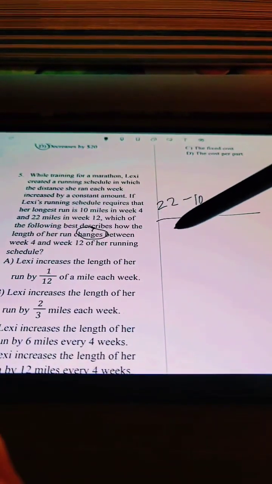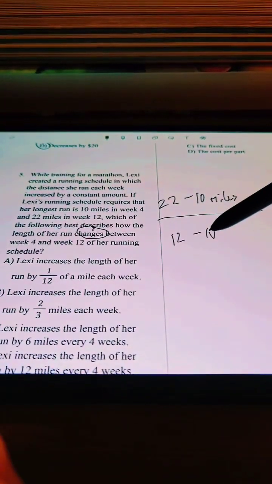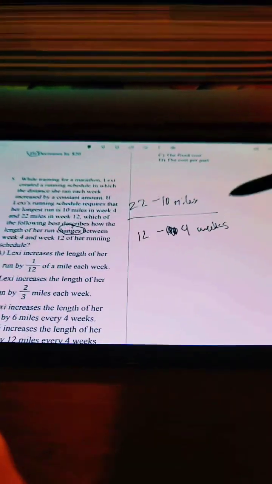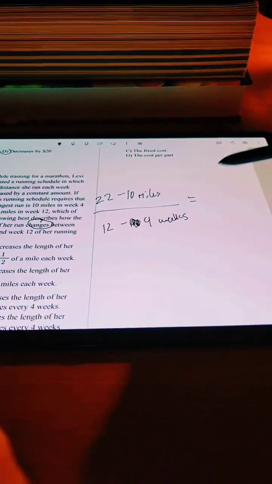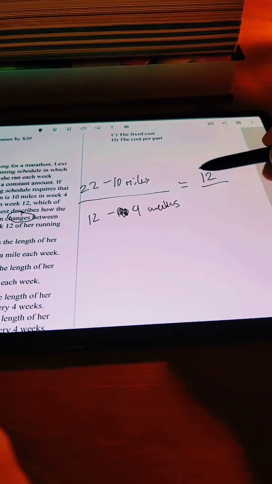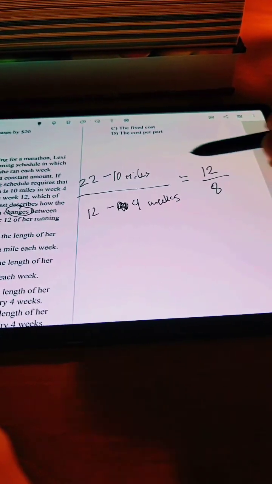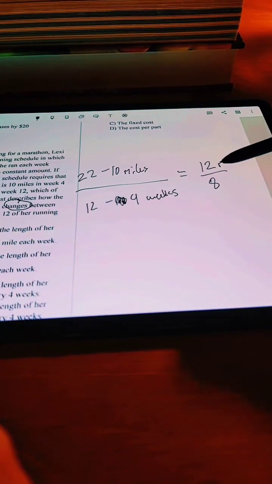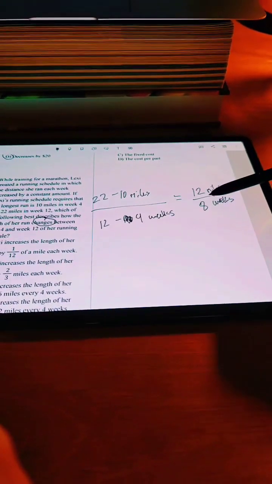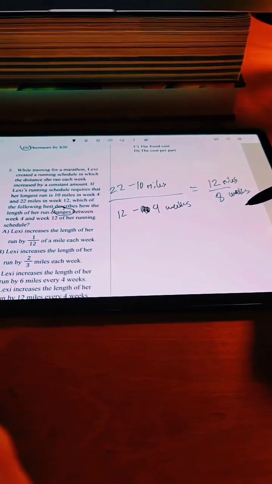And then it's going to be 12 minus 4 weeks for the slope or rate of change, however you want to think about it. So that's going to be 12 on top, and 8 on bottom. And remember, it's miles over weeks. So this is how it's changing: 12 miles every 8 weeks.